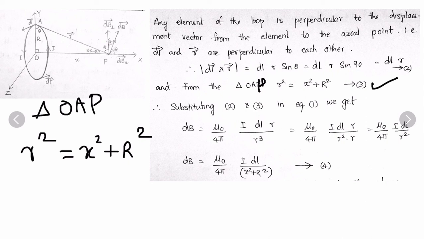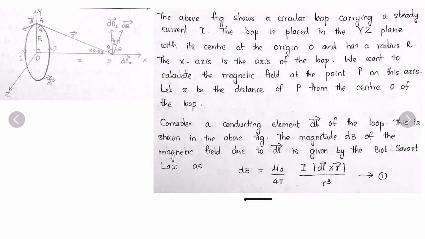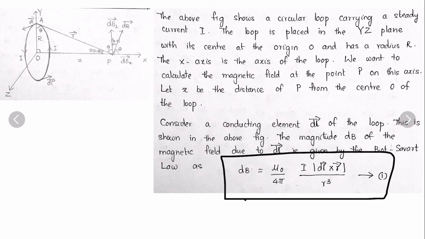Then substituting equation 2 and 3 in equation 1, we get, what is equation number 1? Here is the equation number 1, Biot-Savart's law. dB is equal to mu 0 by 4 pi IDL cross r bar divided by r cube. Let us substitute in that.